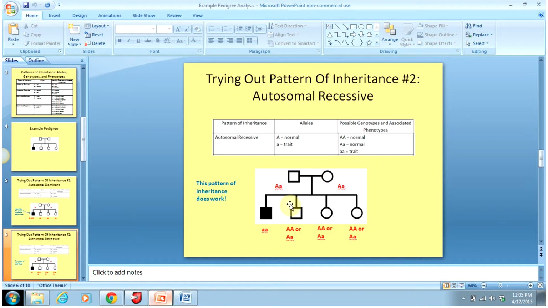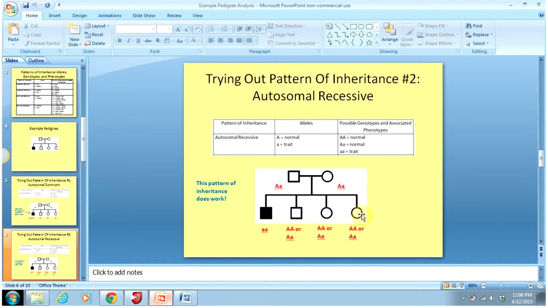So if I went through and I identified my individuals with the trait, and it looks like there's only one, then they would have to have the genotype little a little a. Is that possible for a child to have the trait when both parents do not? With autosomal recessive, it does work. These parents could be big A, little a, in which case they would appear normal, but they could both pass on a little a to their son.